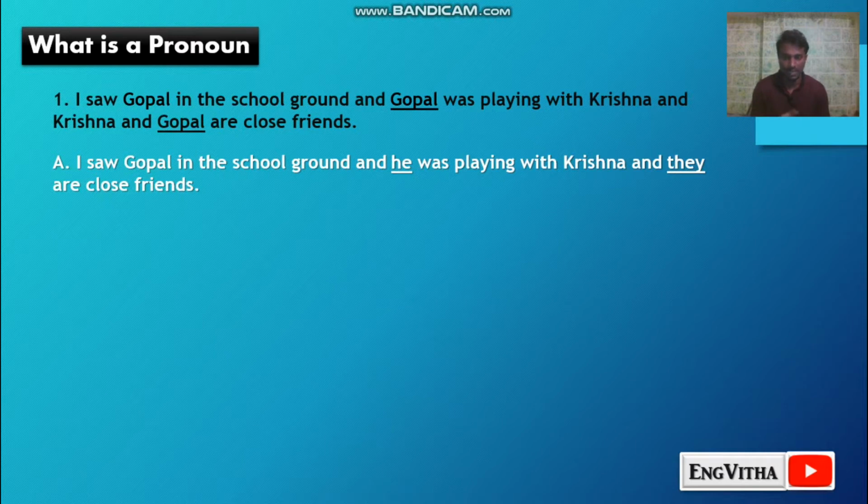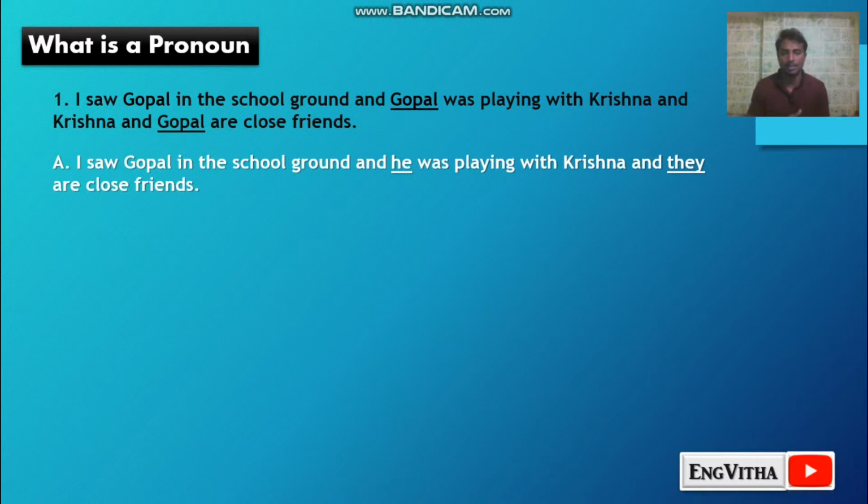Firstly, we introduced the noun Gopal, and in the later sentence, we replaced the noun Gopal with the relevant pronoun he.